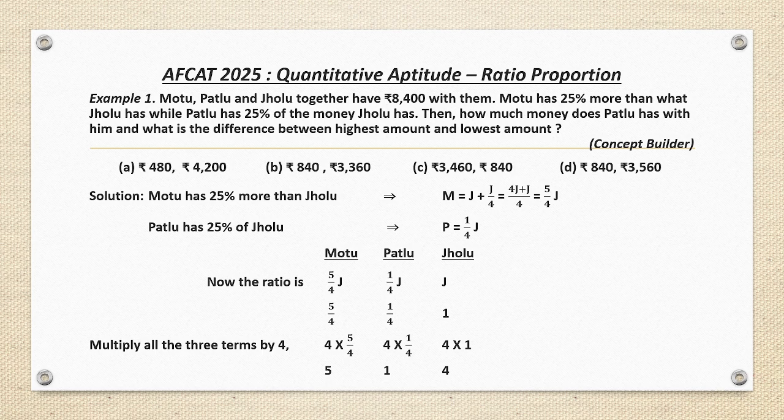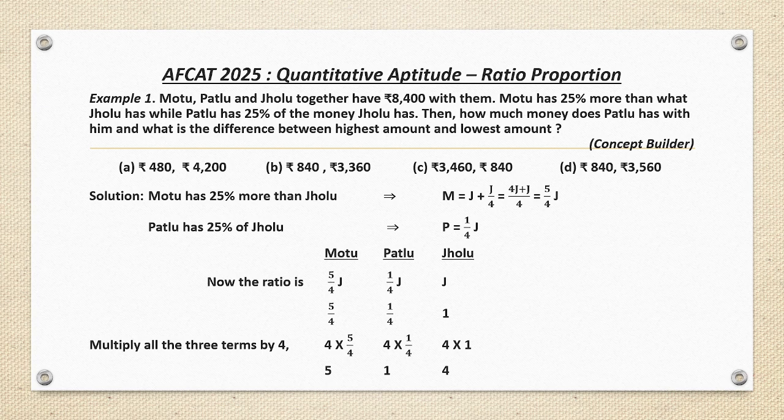Motu has 25% more than Jolu, so the equation will be Motu equal to 25% more than whatever amount Jolu has. So Jolu plus Jolu by 4. 25% in fractions is 1 by 4.